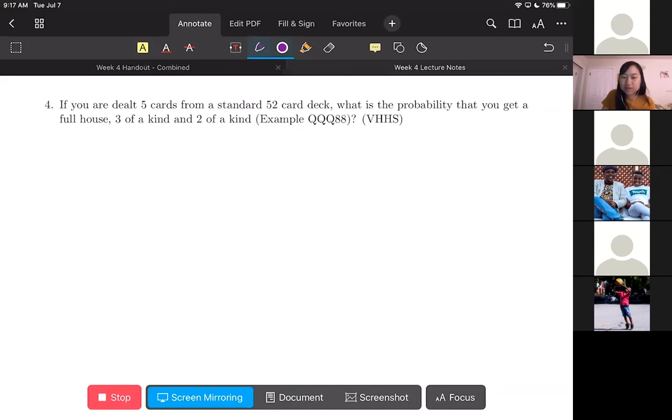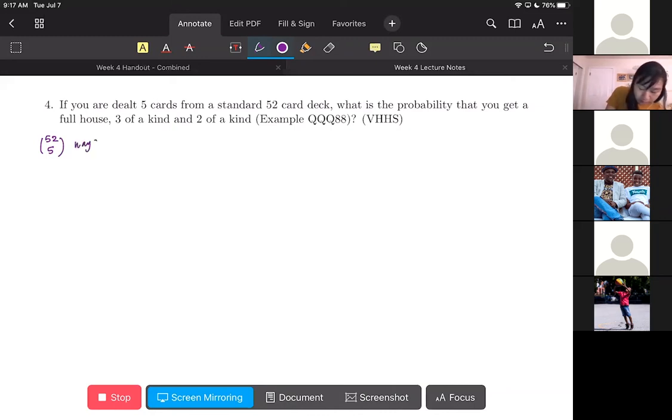So let's start with the denominator again. How many ways are there to choose 5 cards out of 52 cards to get the hand? 52 choose 5. Right, so there's 52 choose 5. I won't expand it out for now.